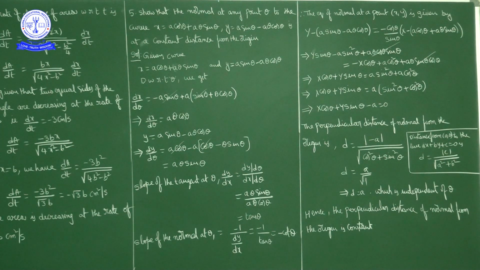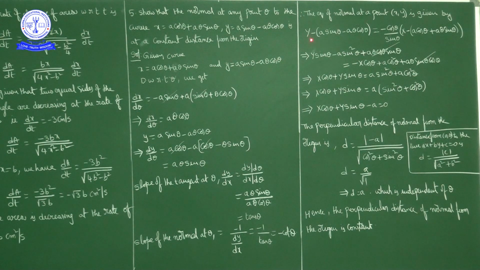Any point on the normal we have x comma y. So equation of normal at any point x comma y is given by y minus y1 is equal to m into x minus x1. Here we consider x comma y in place of x1 y1. So I'll write the equation of normal as capital Y minus y is equal to slope of the normal into capital X minus x.